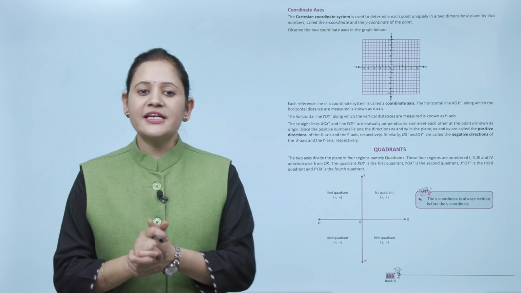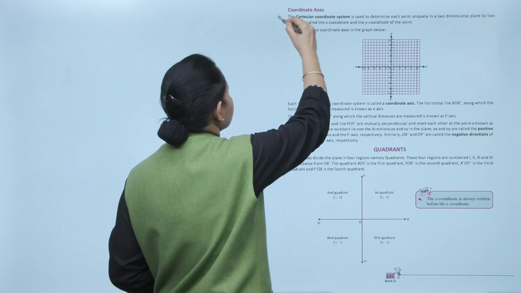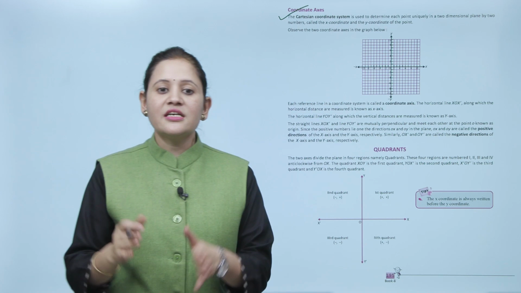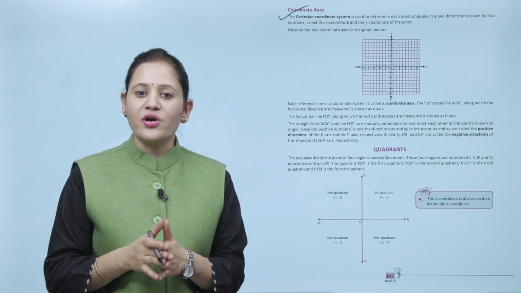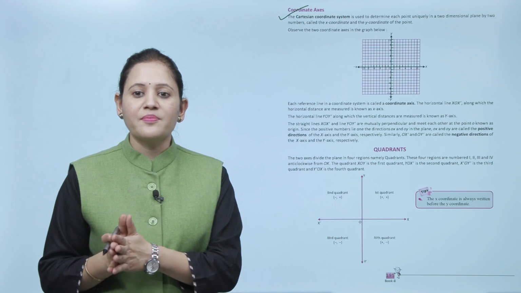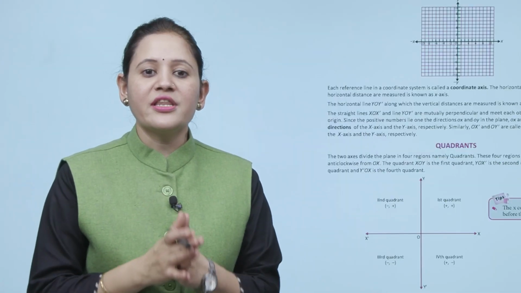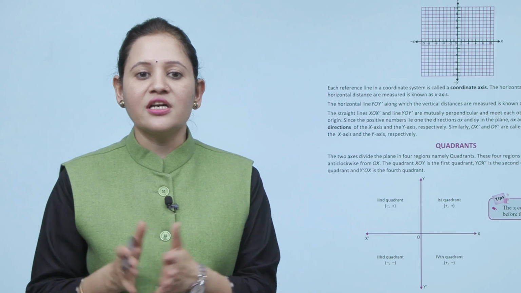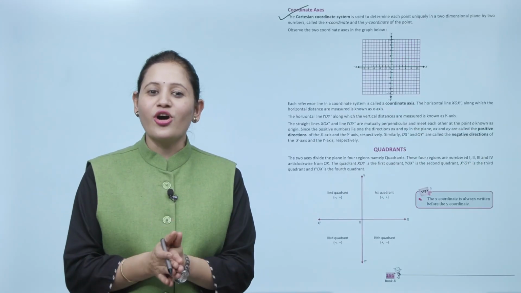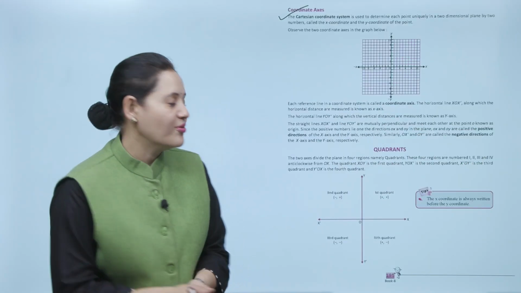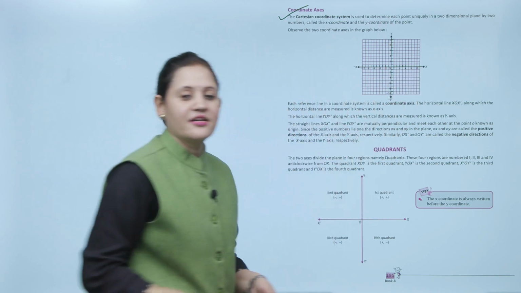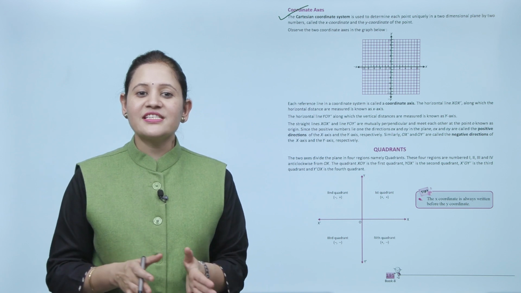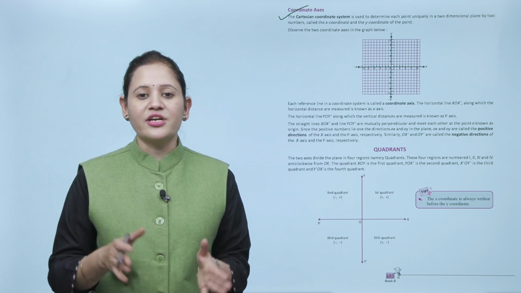Next is coordinate axis. The Cartesian coordinate system is used to determine each point uniquely in the two-dimensional plane by two numbers called the x-coordinate and y-coordinate of the point. Observe the two coordinate axes in the graph below. Each reference line in the coordinate system is called a coordinate axis.